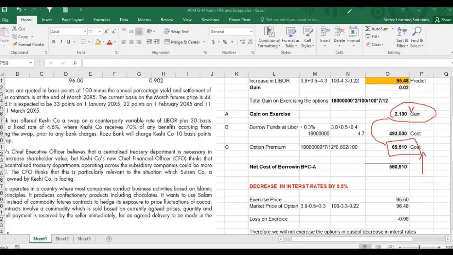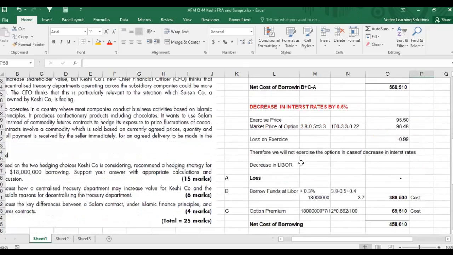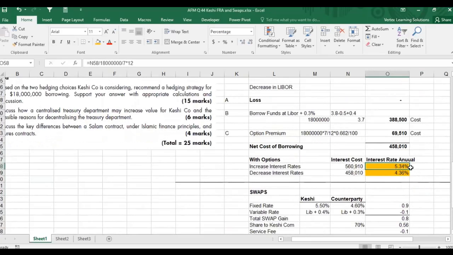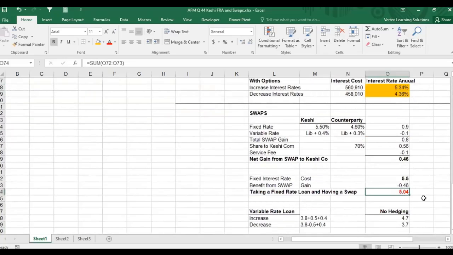So I've got three things: no hedge, options, and swap. No hedge means gamble. I'm not for that. Option premium is too much, and it can end up me paying 5.34%, which I don't want. Swap makes sense. It puts me somewhere in between at 5.04%, and I would go for the swap option. Are we clear on that?